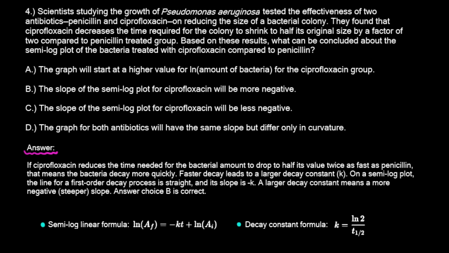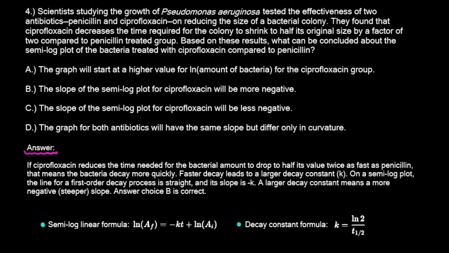Anytime a question talks about how long it takes for something to reduce, decrease, die off, or shrink to half its amount, it's referring to the same underlying idea, the half-life of the process. So even though we aren't using the term in the question stem, this is referring to half-life. Now, how does this relate to the semi-log plot?